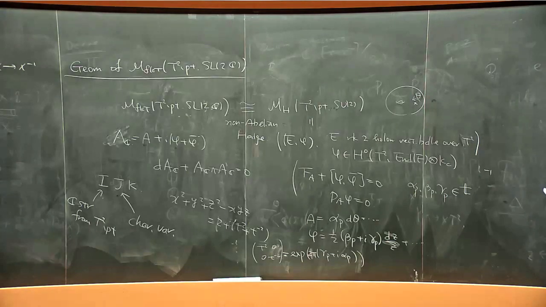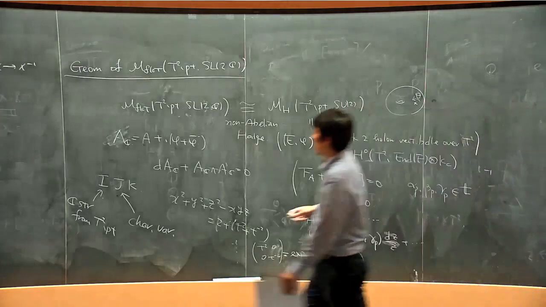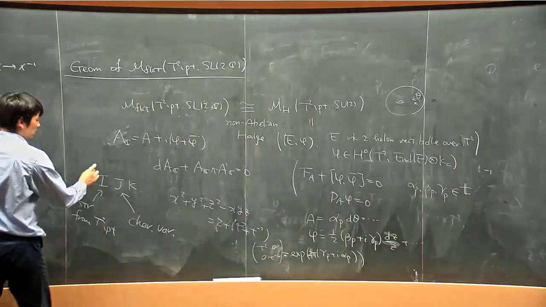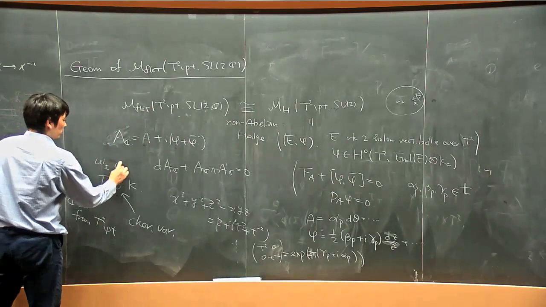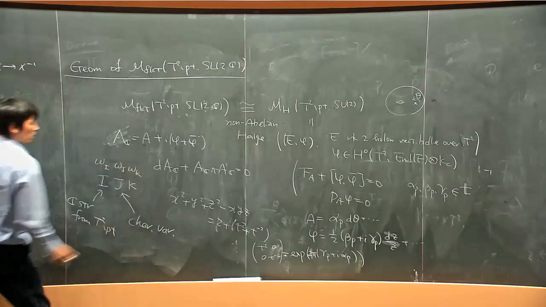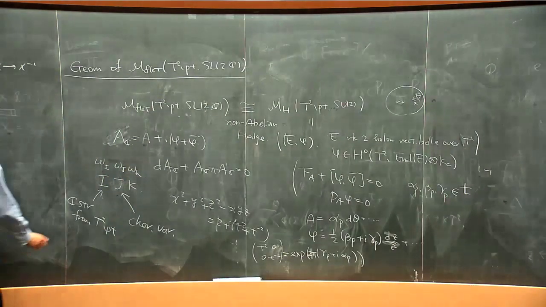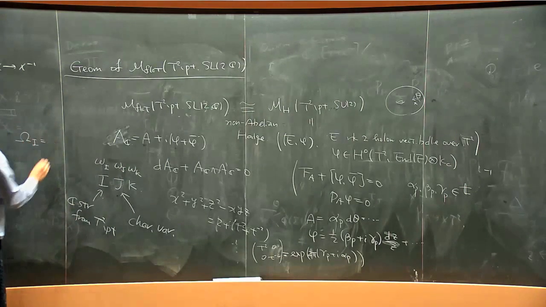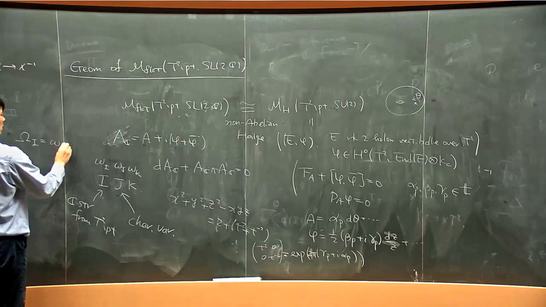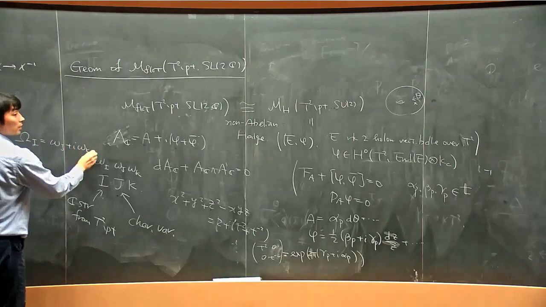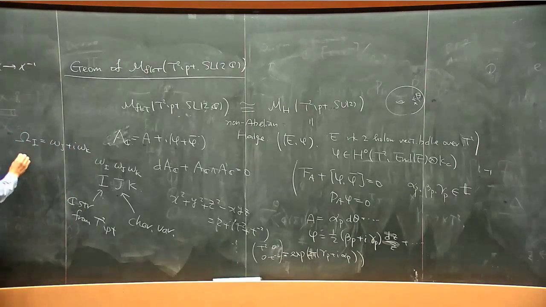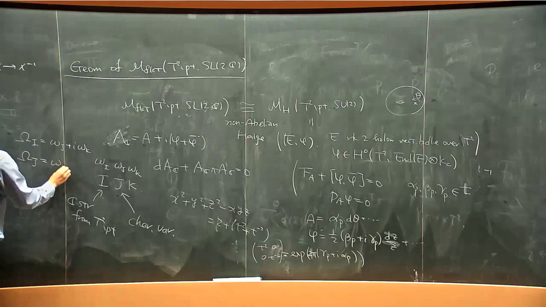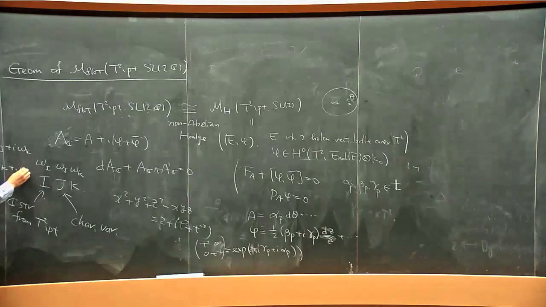Furthermore, you can define the corresponding Kähler forms, symplectic forms, omega J and omega K, and you can define the holomorphic symplectic form in the following way, just a combination of the symplectic forms, omega K plus everything cyclic.